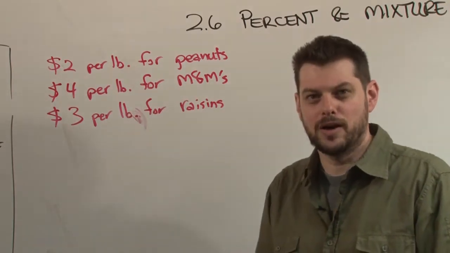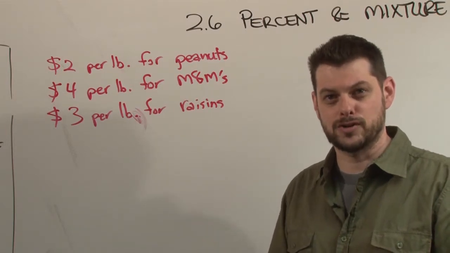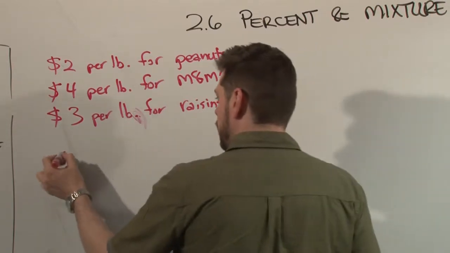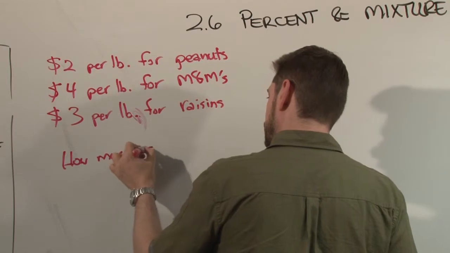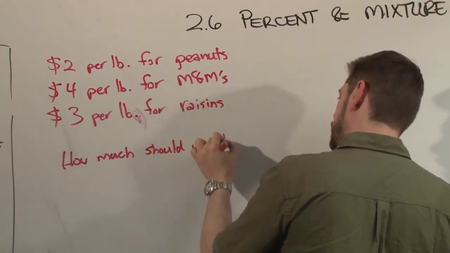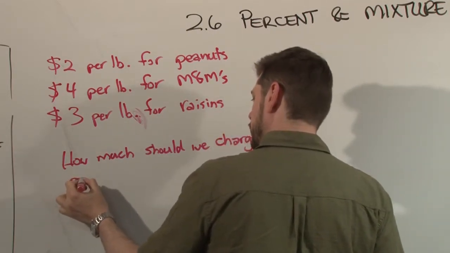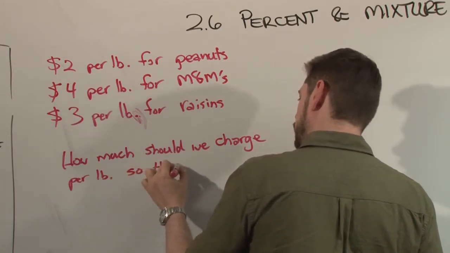Now we want to know, and we know that we're going to mix all these ingredients together, and we're going to assume that we're going to sell this by the pound, and we want to know how much should we charge per pound so that we don't lose money.